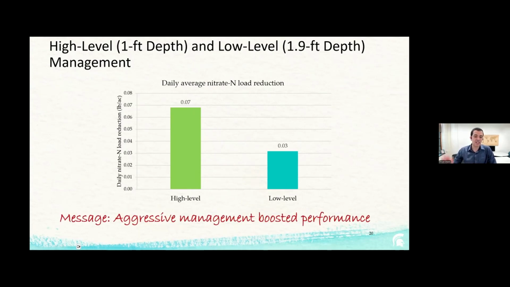So the message here is that the more aggressive management boosted the performance of saturated buffer. So that's a key part to keep in mind. If you're doing saturated buffer design or you're managing it, it would be really useful for water quality to actually get it more aggressive as much as you can, without flooding the area at the edge of the field.